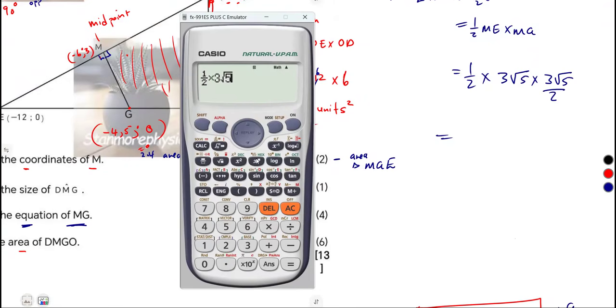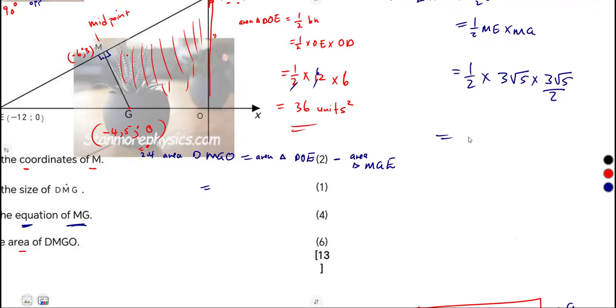So this is 3 square root of 5 times the fraction of 3 square root of 5 over 2. And that was going to give us 45 over 4 or 11,25 at the end. All right, so that is what we are going to have, 11,25 square units as we are determining the area.